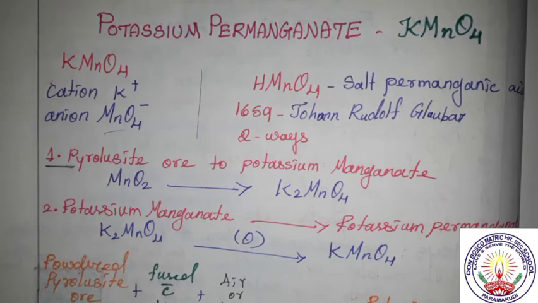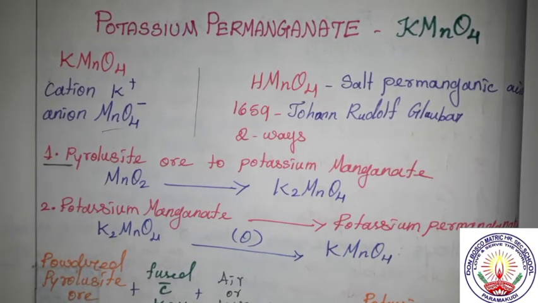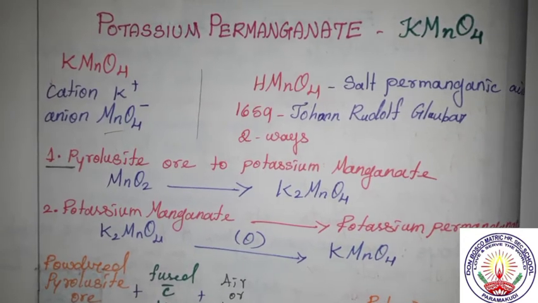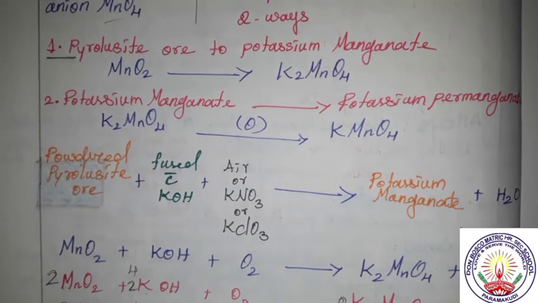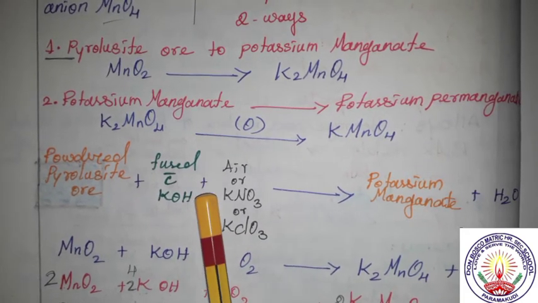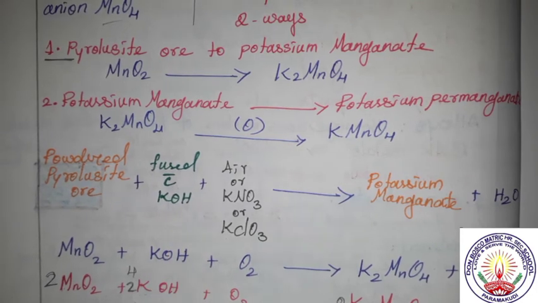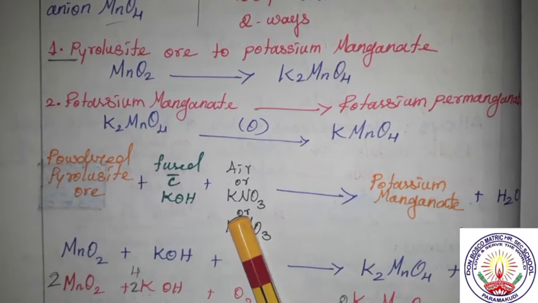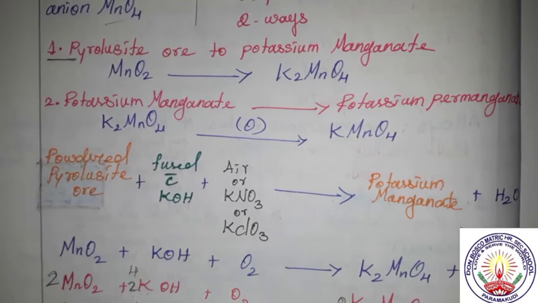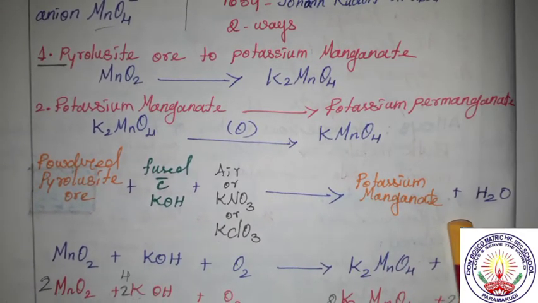That is, the powdered pyrolusite ore is fused with KOH in the presence of air or KNO3 or KClO3. When it is treated with this, we get potassium manganate plus water.